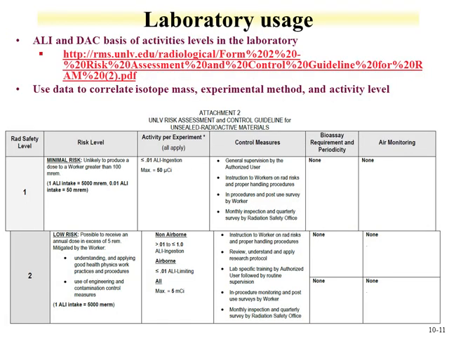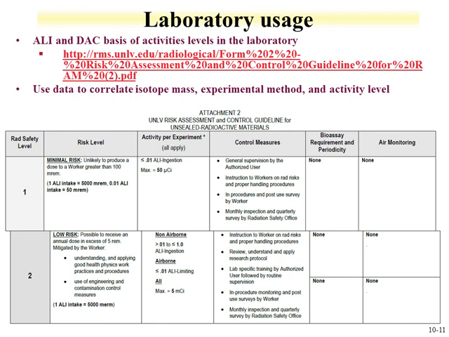The information that we just discussed on ALIs and DACs, so the annual limit of intake and derived air concentrations, are the basis for activity levels in radiochemistry laboratories. I'm going to provide an example for the radiochemistry laboratory at the University of Nevada, Las Vegas, where the activity levels for certain isotopes are provided, and these activity levels are based upon the annual limit of intake and derived air concentrations.